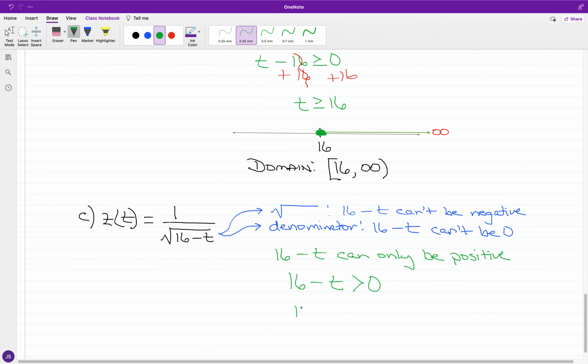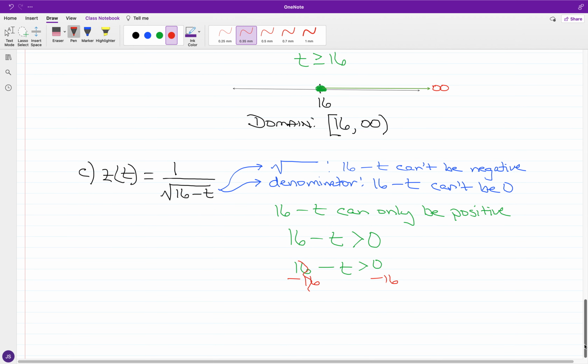And looking at solving for t, from 16 minus t is greater than 0, if I look at isolating negative t, upon taking 16 away from both ends, we have negative t is greater than negative 16.